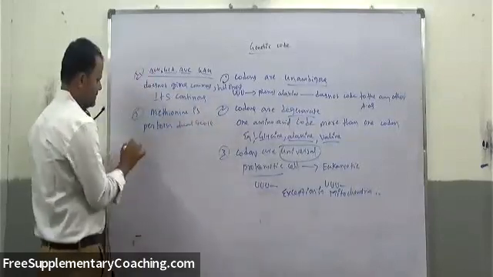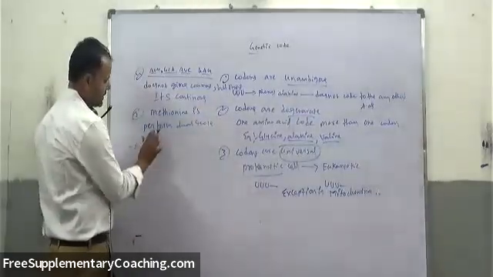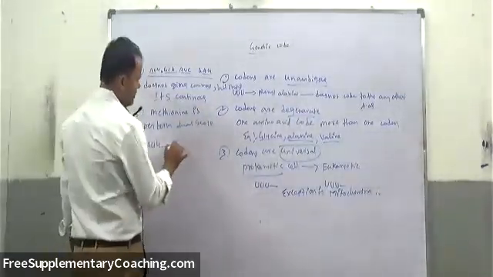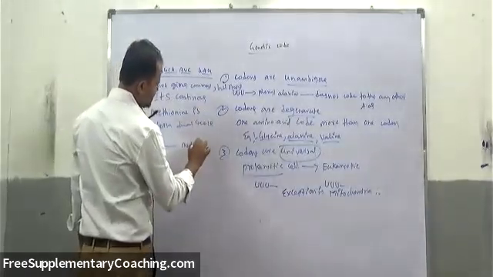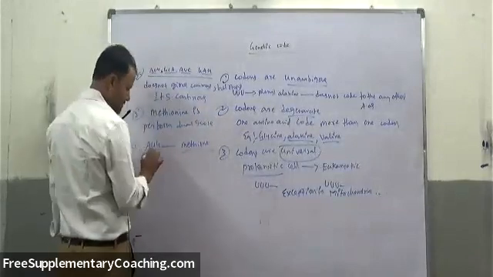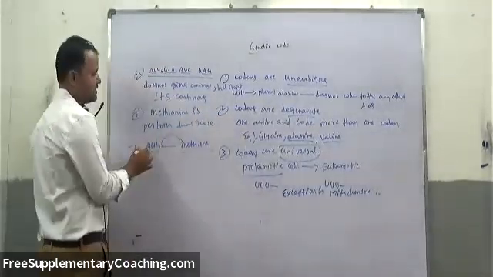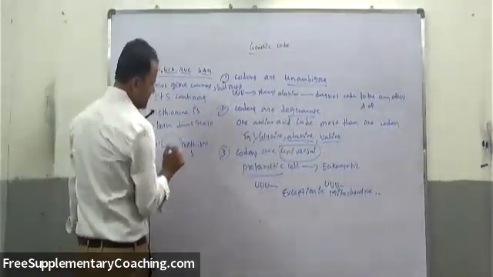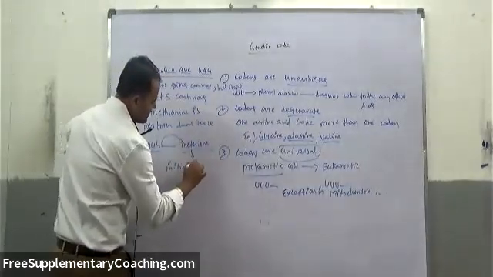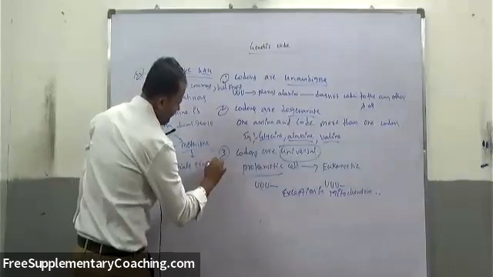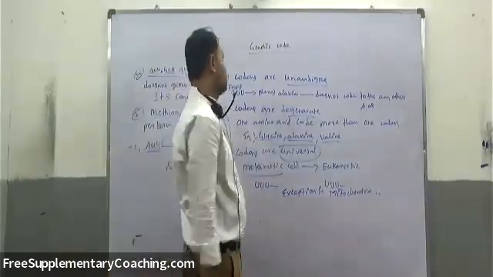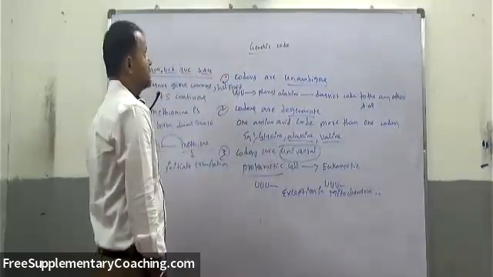One is that AUG codes for methionine, which is the initiation of translation. AUG codes for methionine. This methionine initiates the translation. It also codes for methionine internally. These are the salient features of the genetic code.